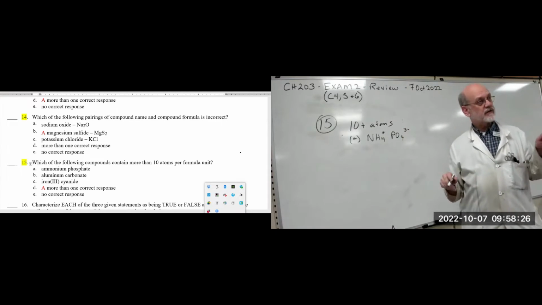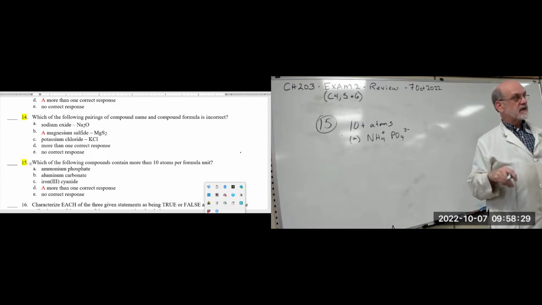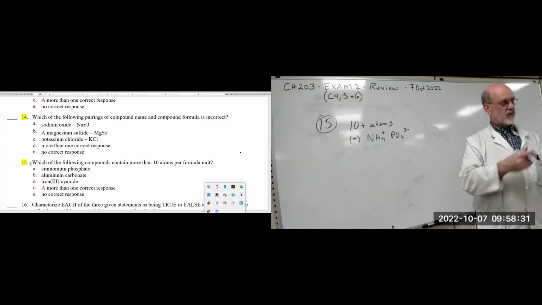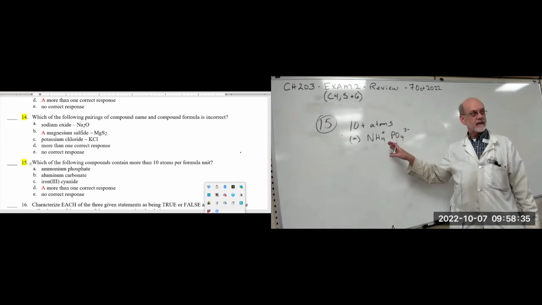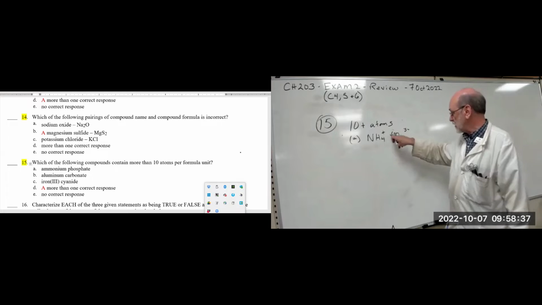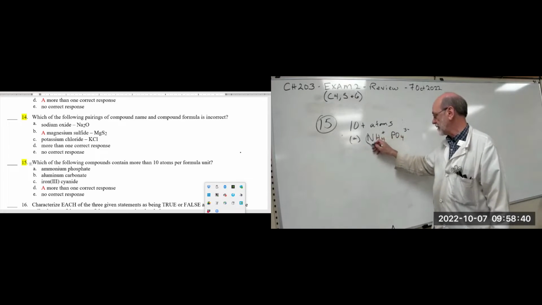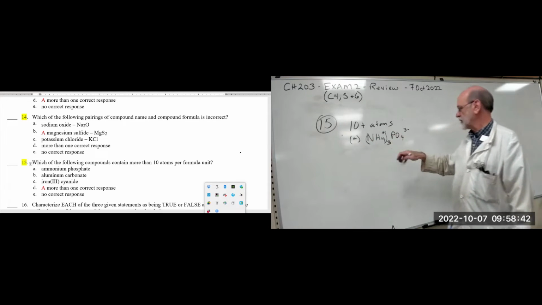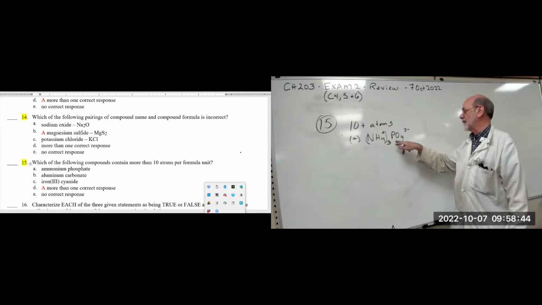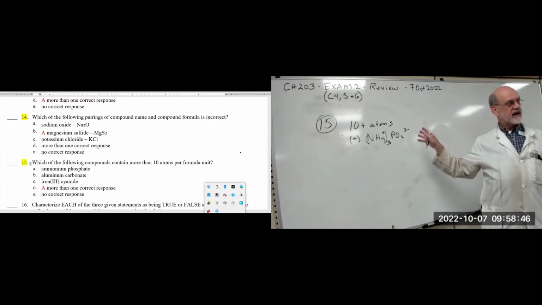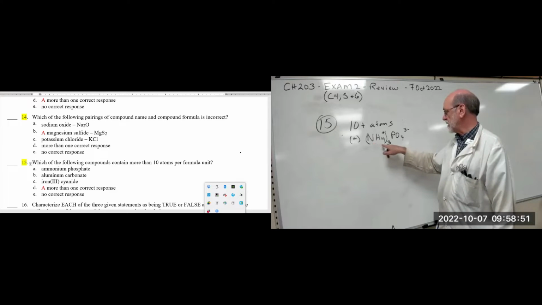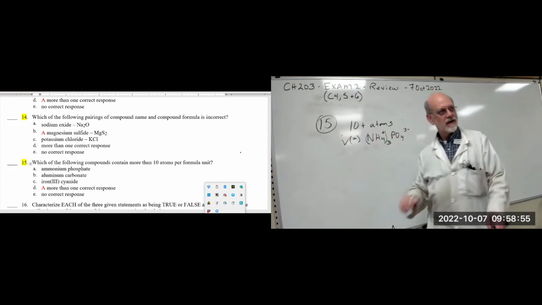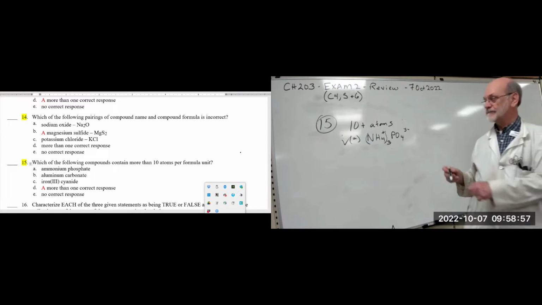So with polyatomics, the only way you can balance them is if you need more than one, parentheses. You can't change the subscript of a polyatomic. So we need 3 pluses. So NH4 taken 3 times and 1 PO4, that's the compound. How many do we have in here? That's 3 plus 12. Yeah, that's more. Okay, there's 1.